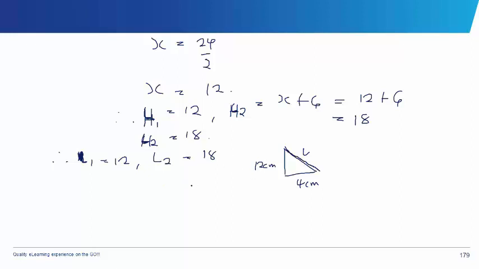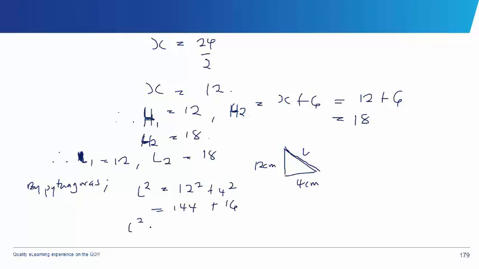All we have to do is use the following. We've obtained that L squared is equal to, by Pythagoras, 12 squared plus 4 squared, which is equal to 144 plus 16.